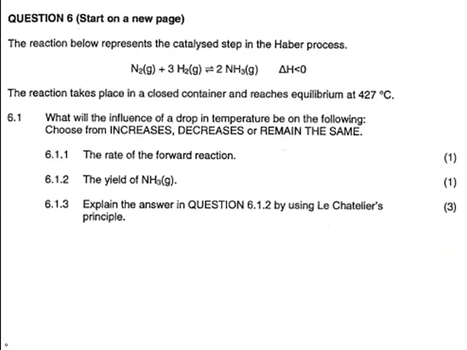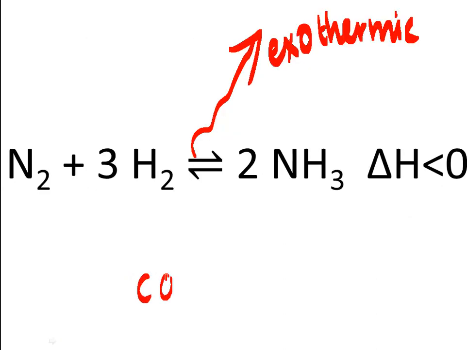Now this question is asking about what happens when we drop the temperature. What does that do to the rate of the forward reaction and the yield of the ammonia? So we are going to make the situation cooler. That is the disturbance we are going to cause to the equilibrium situation. And the system will react to try to undo what we've done. We've tried to cool the system down.